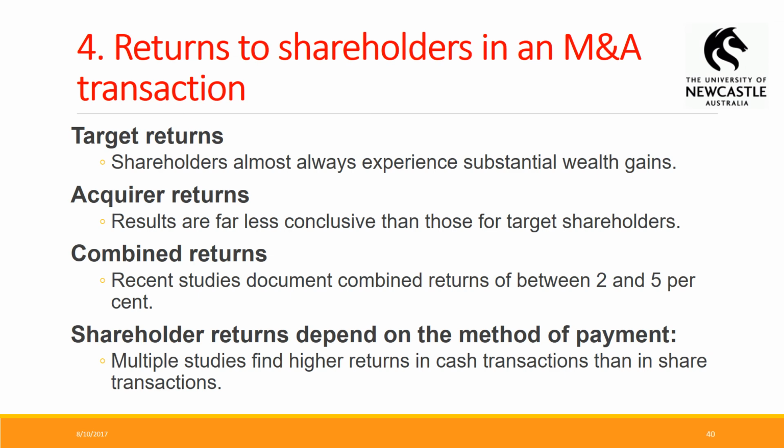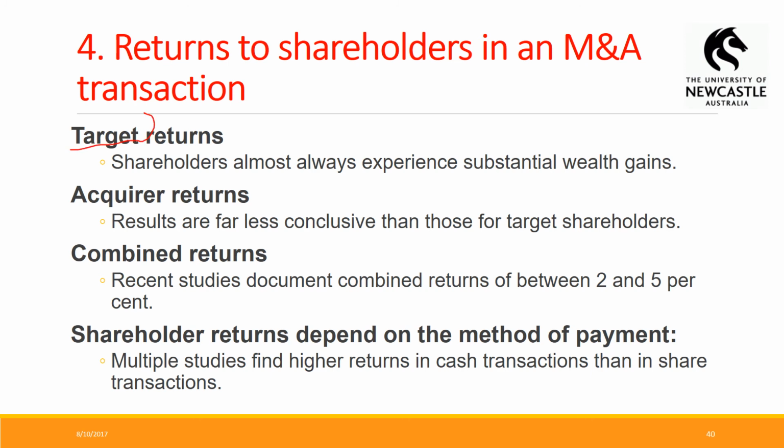In this part, we look at the returns to shareholders in M&A transactions. We look at empirical studies that track M&A transactions and compare the target returns to the acquirer returns.